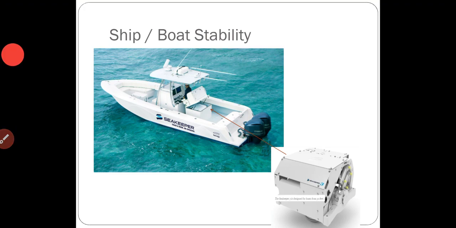Now again, ship or boat stability. I told you that there are two important properties of the flywheel, basically of inertia: the principle of precession and the principle of rigidity.